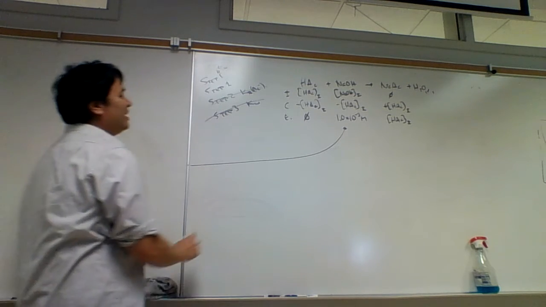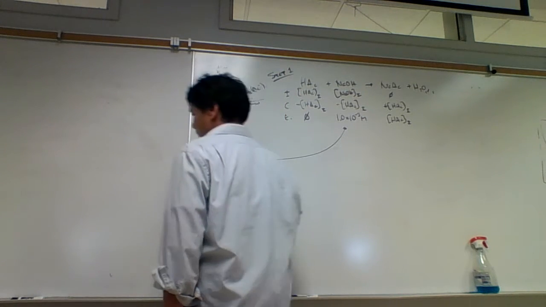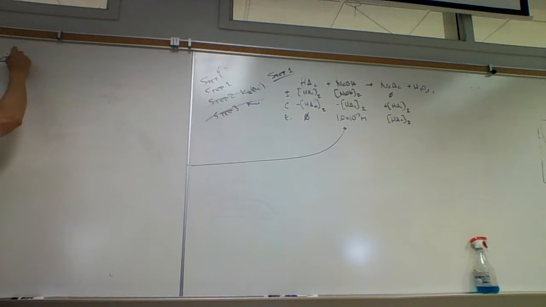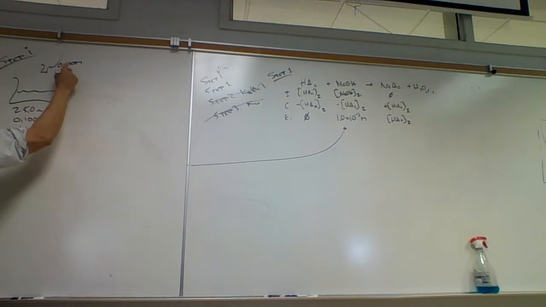Well, this is step 1. So what was step I? So let's back up more. Let's go to step I. Step I started off with 25.0 milliliters of 0.100 molar acetic acid. And then I'm going to add some sodium hydroxide, 0.100 molar NaOH.